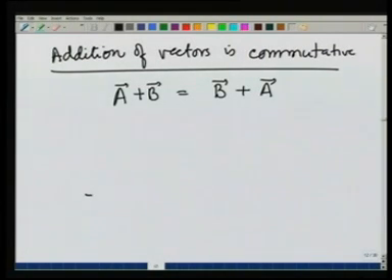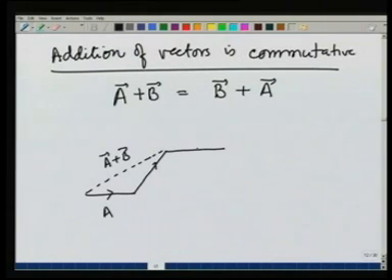So, let there be a vector A and let there be a vector B, then this is A plus B. On the other hand, if I draw the vector A with its tail at the head of B, then this would give me B plus A.